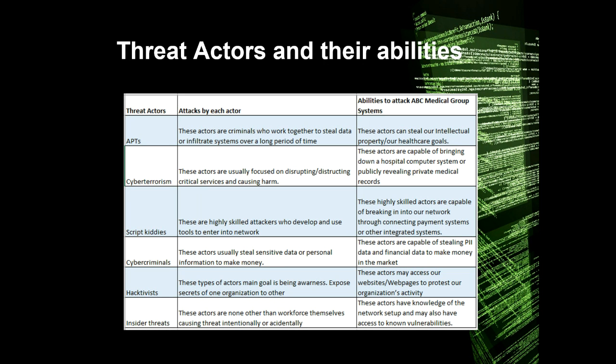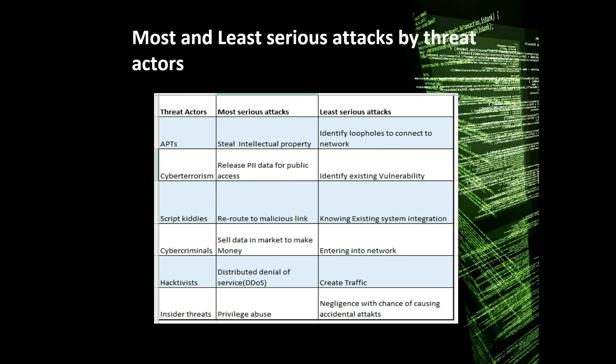Insider threats. This is an interesting one, like we already saw. One among us who is accidentally or intentionally doing this act, and it's a very high risk threat actor.